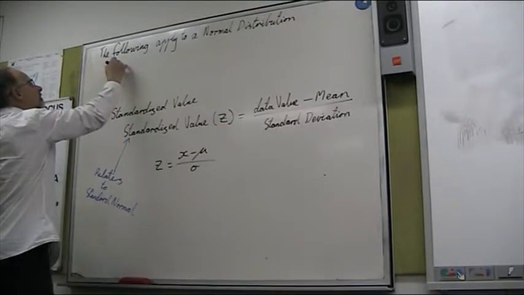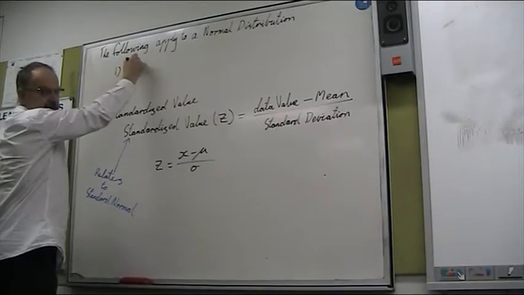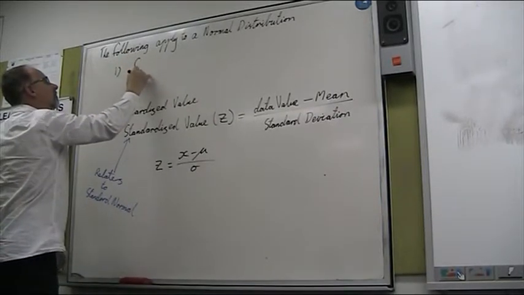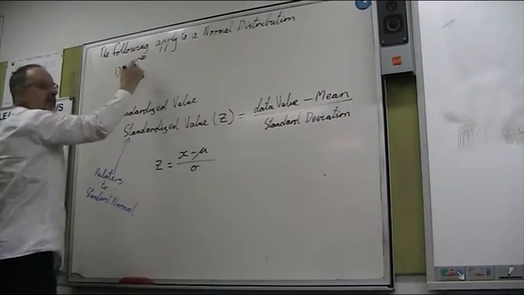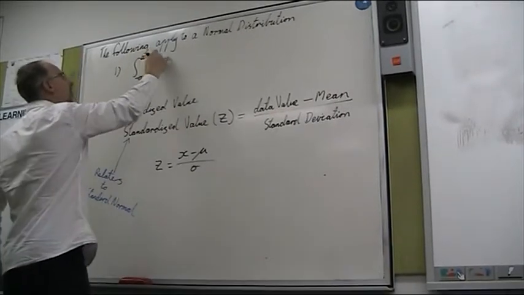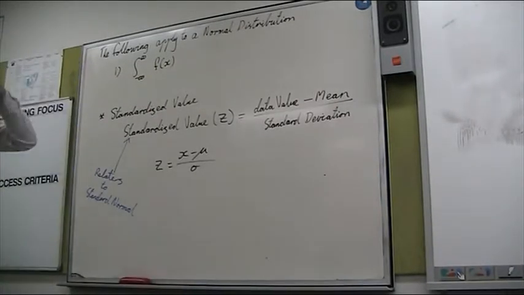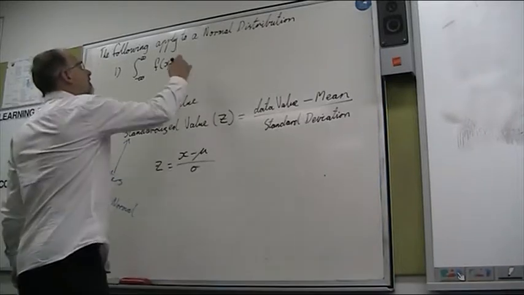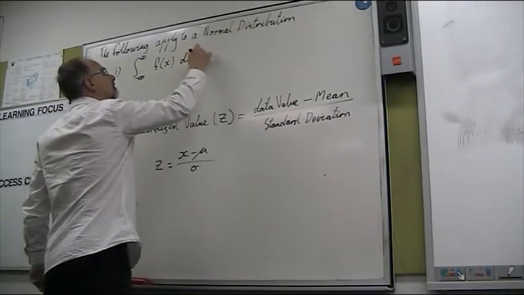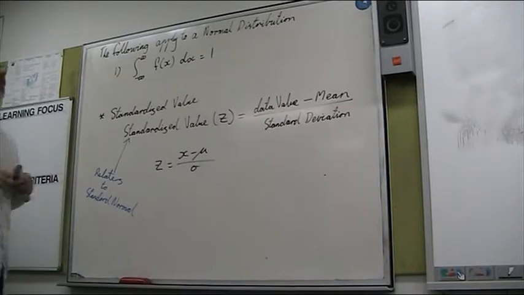The first one is that the integral from negative infinity to infinity of the probability distribution function, f(x), is equal to 1. Same for all PDFs.